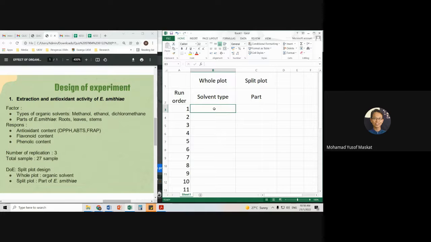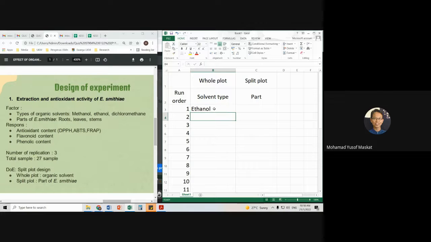So which solvent do you do first? Then you have to randomize. First randomize the solvent, and then within the solvent, randomize the split plot. For example, she did a randomization and it comes out that the first solvent randomly is ethanol.